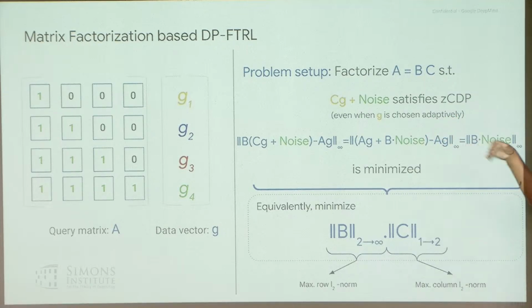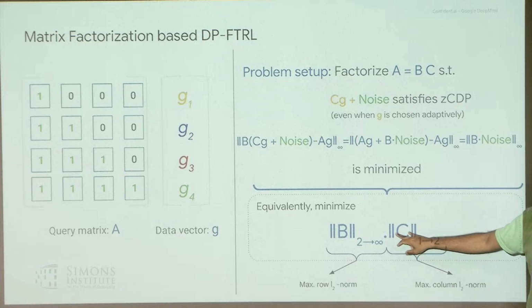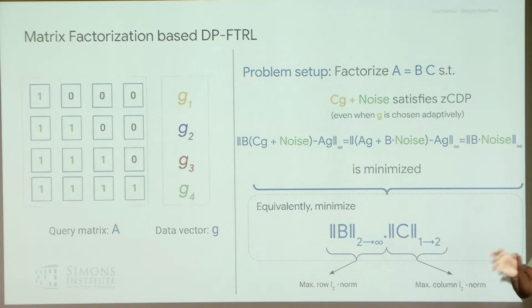From here on, you can forget about differential privacy. What I really want to minimize is the factorization norm to get the best error. What I really want is that the max column norm of C times the max row norm of B, these two products, are minimized. If so, I can run my noisy gradient descent and these things work.